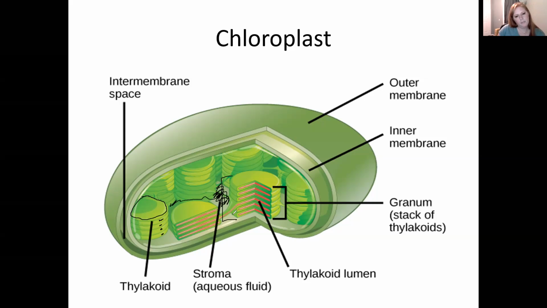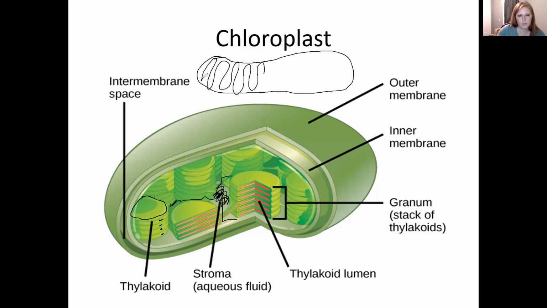So if we think about the comparison between chloroplasts and mitochondria, I draw a pathetic excuse for mitochondria here. Remember that in mitochondria, these intermembrane twistings are called cristae.